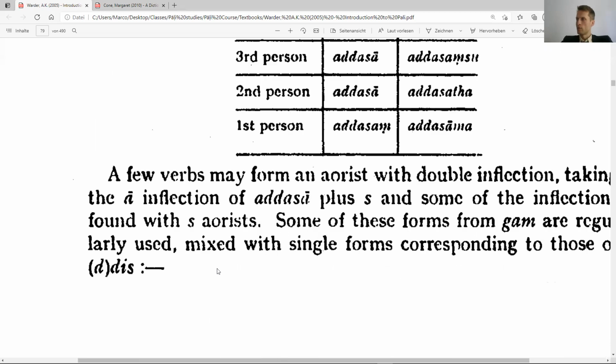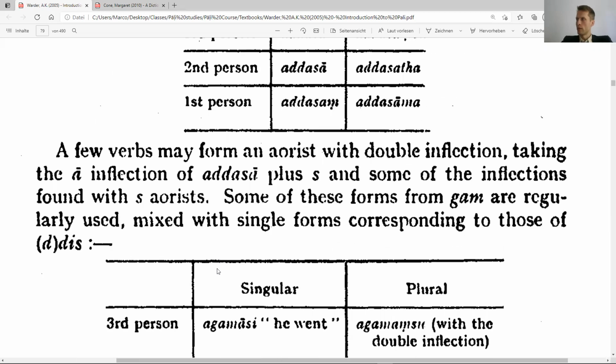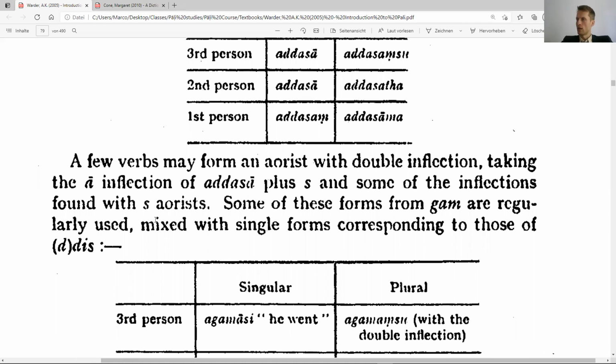A few verbs may form an aorist with double inflection, taking the long a inflection of adasa plus sa and some of the inflections found in the s aorist. Some of these forms from gam are regularly used, mixed with single forms corresponding to those of dis.